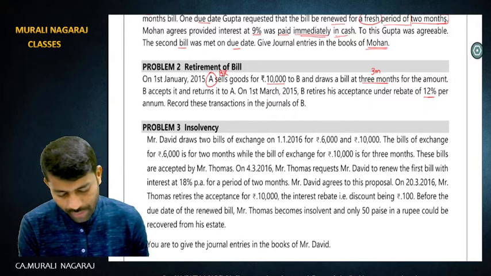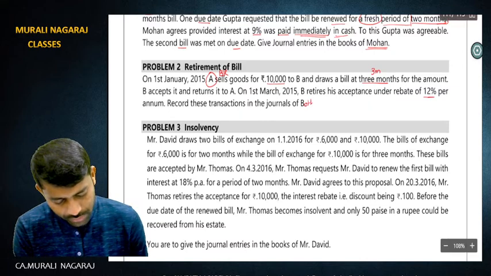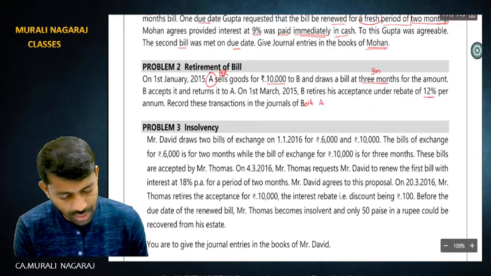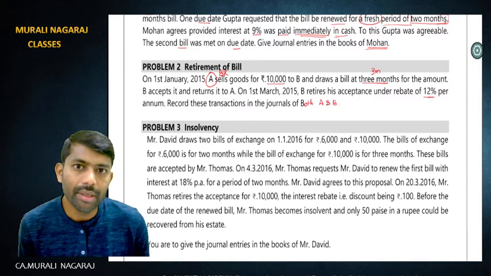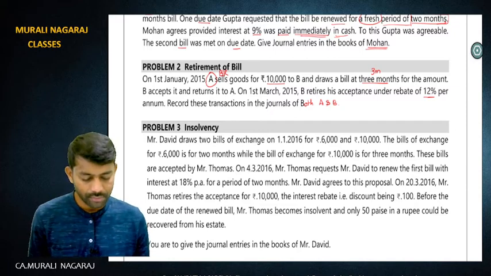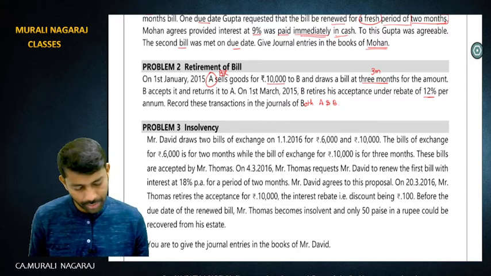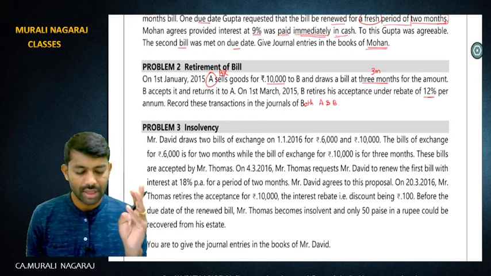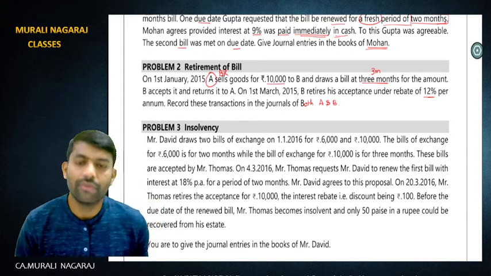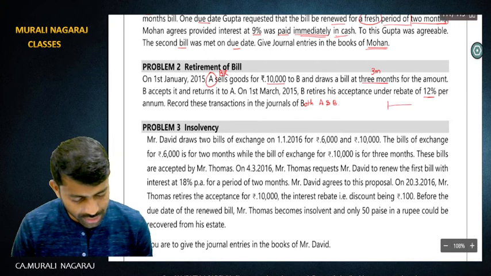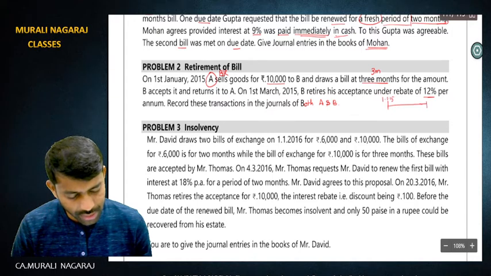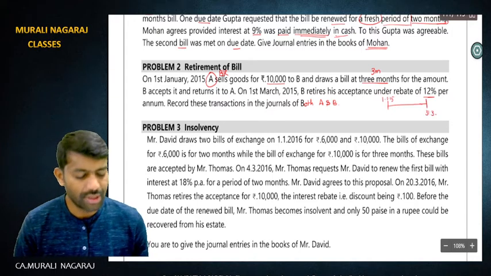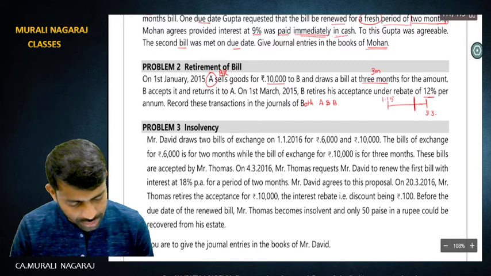Let us write in the books of both A and B. So here, first is the selling of goods, and on the same day he accepted the bill for 3 months. 3 months from 1/1/15 means 31st March, but he is paying on 1st March itself.